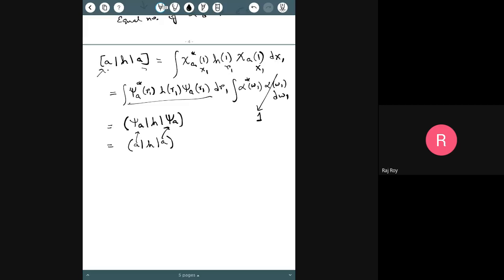Then we will do the two electron integral. That is a bit more involved. So it's AB. And first we will separate out the spin parts.